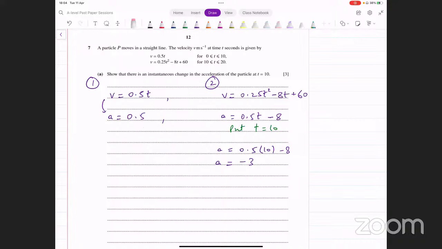Okay, so the first equation से हमें मिल रहा है कि time equals 10 पे acceleration क्या थी? 0.5, और second equation से मिल रहा है time equals 10 पे acceleration क्या है? A equals minus 3. इसका मतलब क्या है कि एकदम से आपने शायद brakes apply कर दिए हैं, इसकी वजह से वो negative हो गई, acceleration negative आ गई आपके पास, ठीक है?